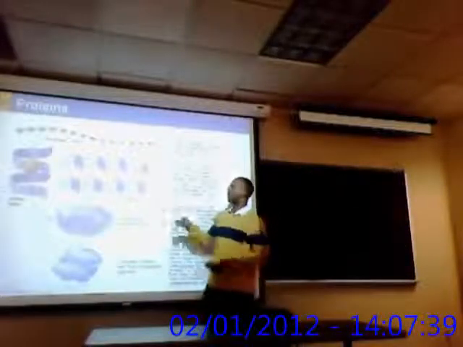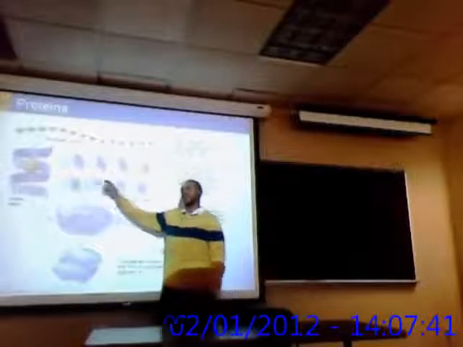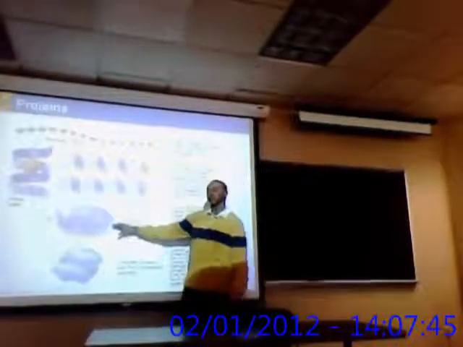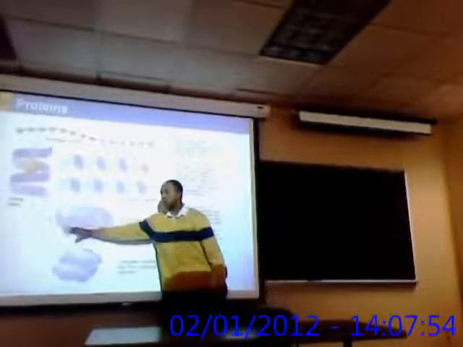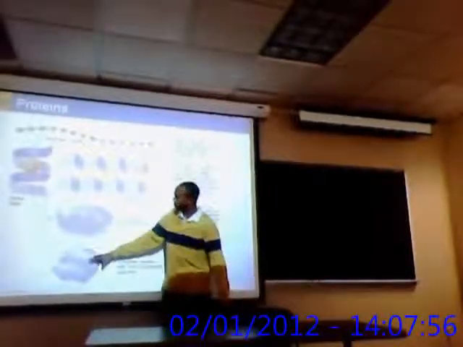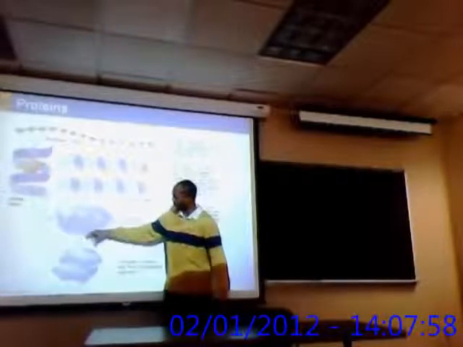And then you have interactions within the same molecule, mind you, between alpha helices and pleated sheets to form what's called tertiary structure. And then you can have several of these units attracted to other similarly shaped units to form quaternary structure.